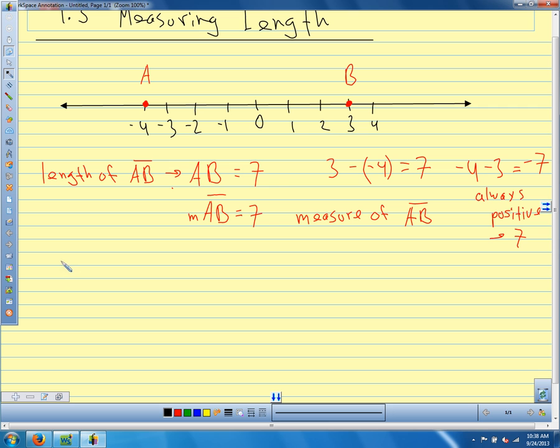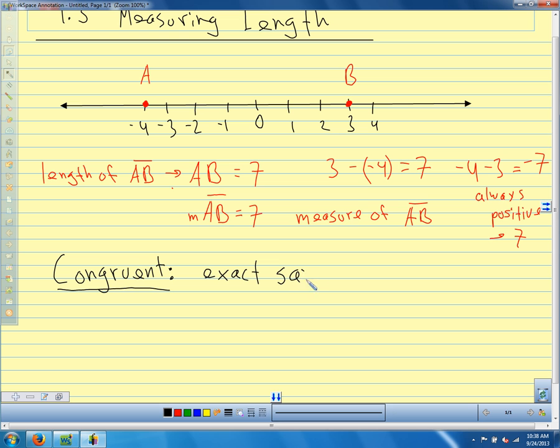The word that we use is congruent. Our everyday definition, and we'll make this a stronger definition as we go on, is two things are congruent when they are the exact same size and shape.